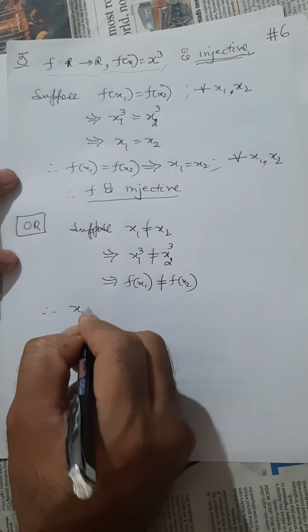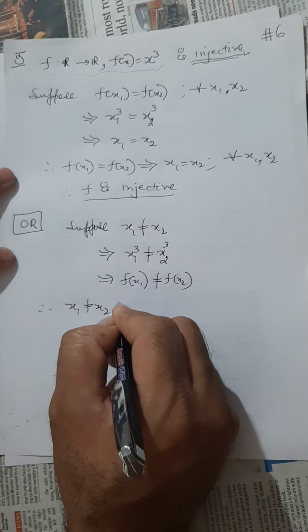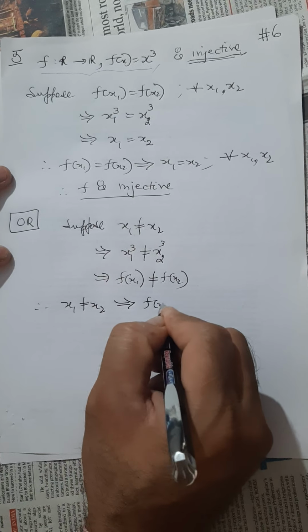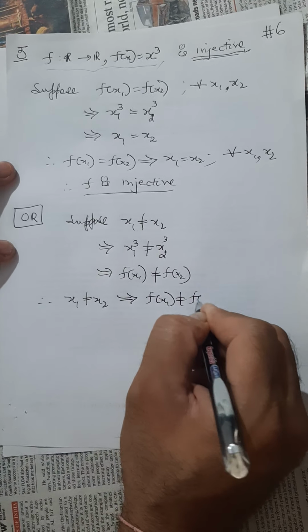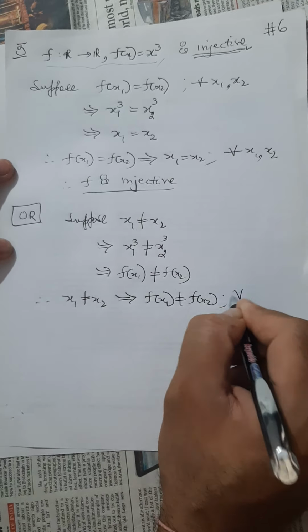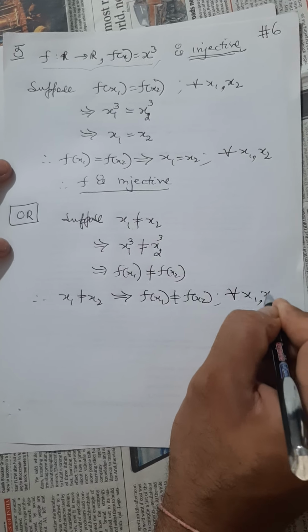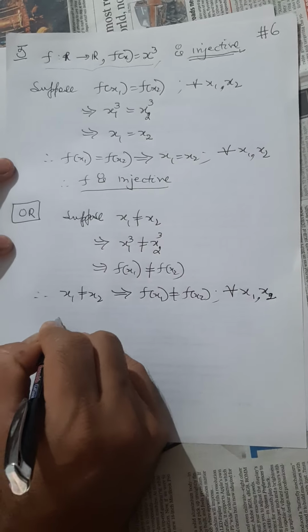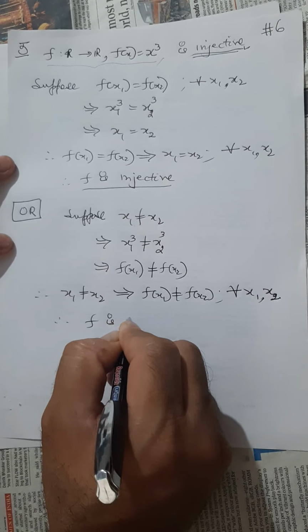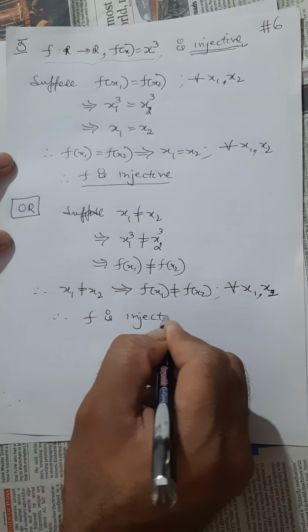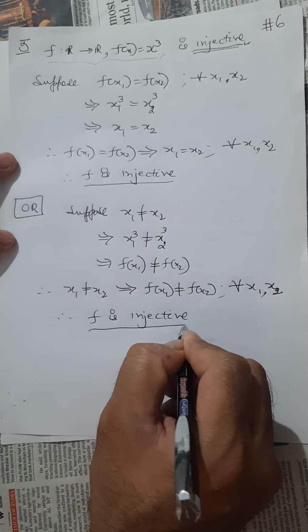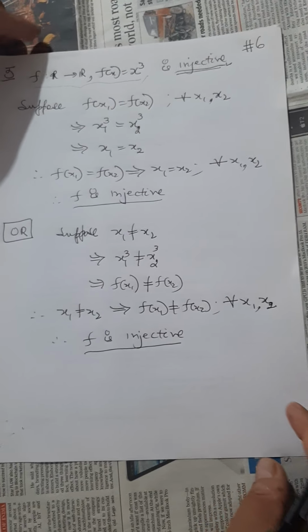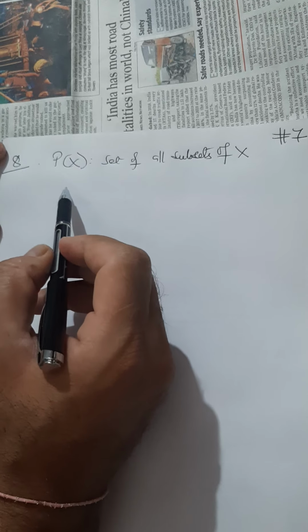So what you have shown is, whenever elements are different, their images are also different. And this is true for every x1, x2 from the domain, and therefore f is injective. I've shown both ways. You can use any one of these two, whichever you like. Both are standard techniques, remember.